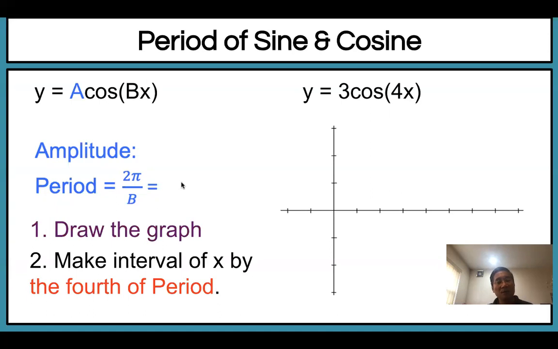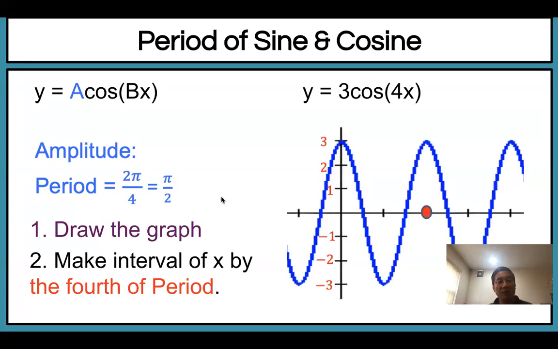So 360 degrees divided by 4 is 90 degrees, or pi over 2. So pi over 2 is 90 degrees, right? That's one cycle. So we know the cosine curve, and now you know how to put it into the calculator.